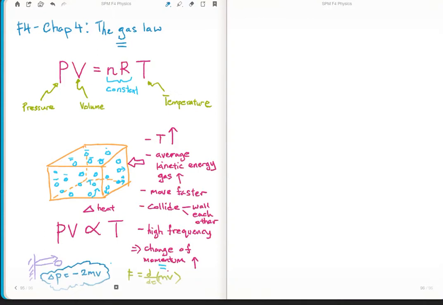If you were to define positive to the left, first of all this is positive mv because I define positive to the left. So what happens? Bounce back, opposite direction to what was defined, negative mv. The mass is the same. We assume it's a direct collision, no loss in the velocity. So therefore, any change in momentum will always be the final minus initial.